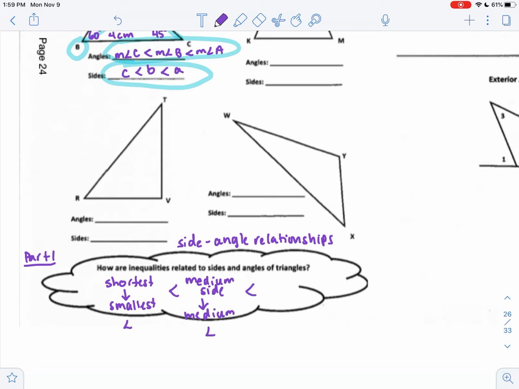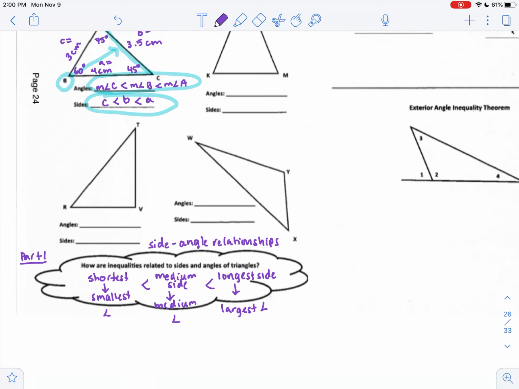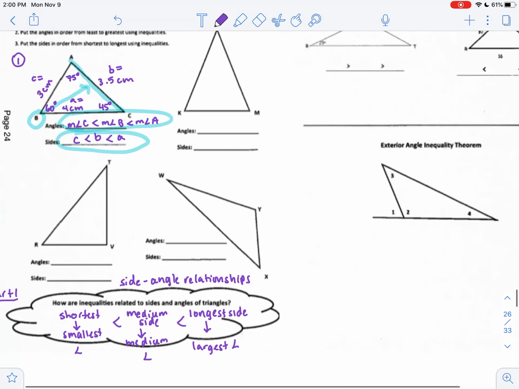And lastly, the longest side is greater than the other two sides, so the longest side is across the largest angle. And that makes sense in terms of the opening of the angles determining how long the side is across from it. So now we're going to move on.